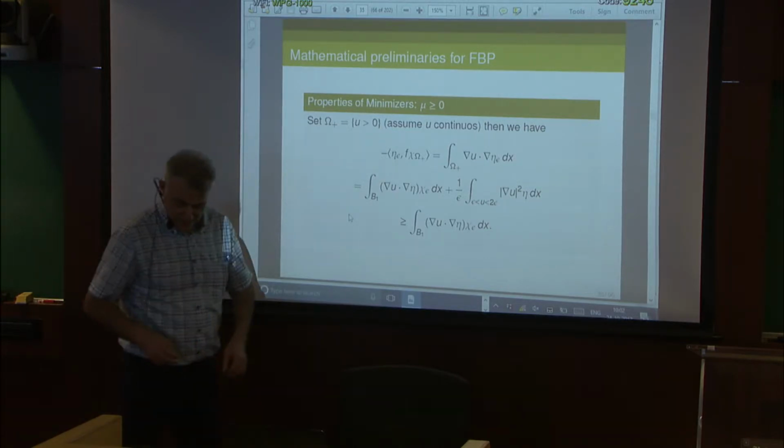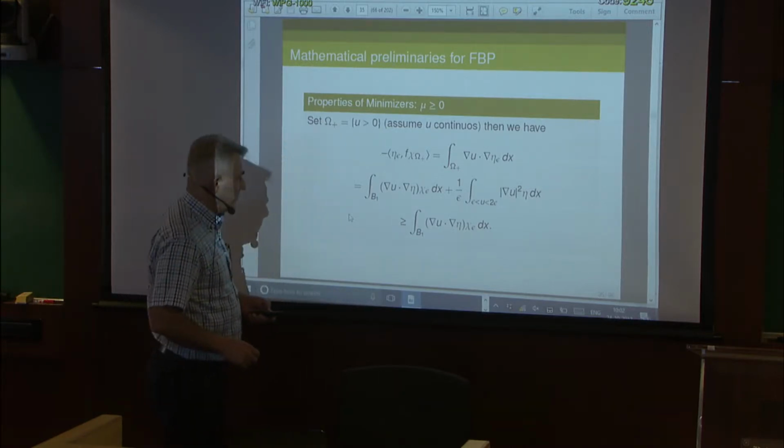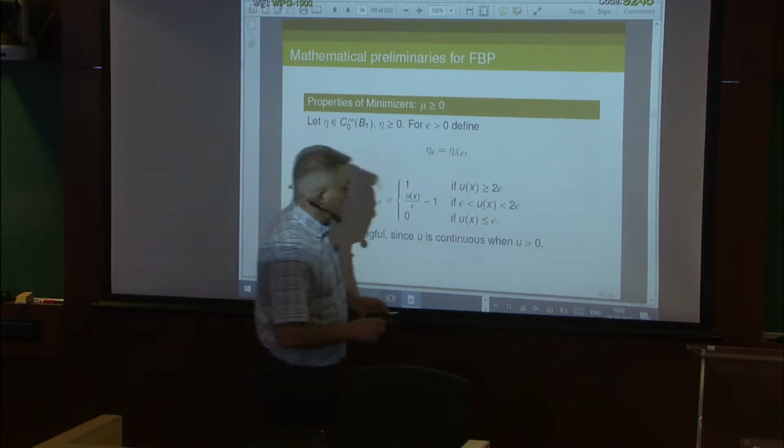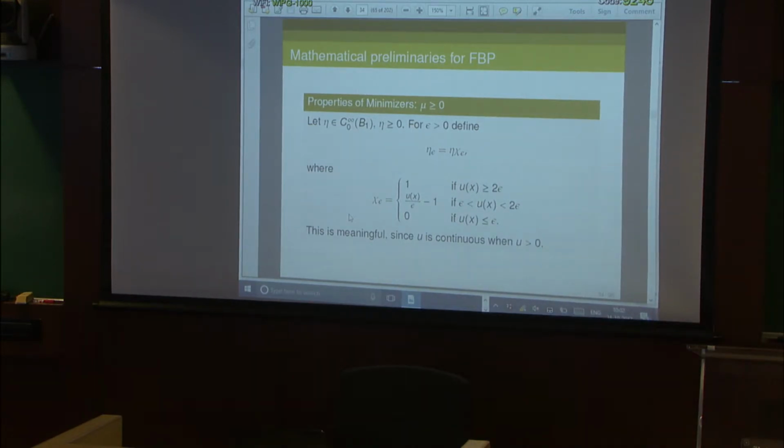And let me write it down here because we want to relate to that. So here it is. So what you have is eta epsilon is eta times the characteristic function psi epsilon, and this function is like 1 for u over epsilon minus 1, and 0.